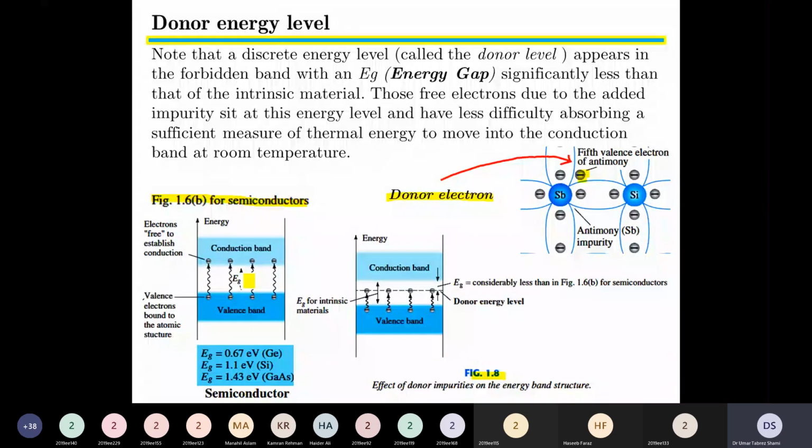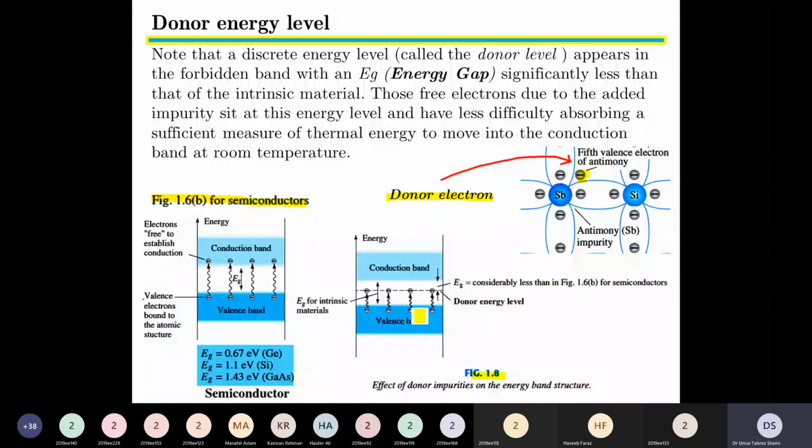For pure germanium it was 1.67 electron volt, for silicon it was 1.1 electron volt, and for gallium arsenide it was 1.43 electron volt. Now after doping, the energy gap becomes less.